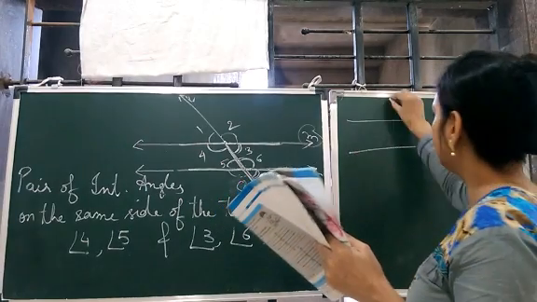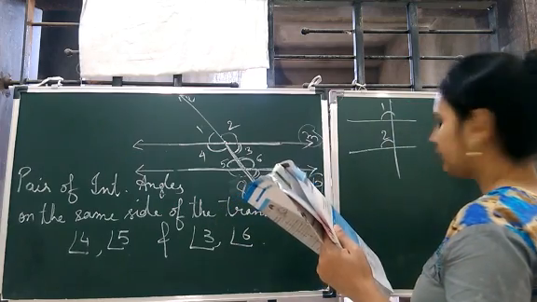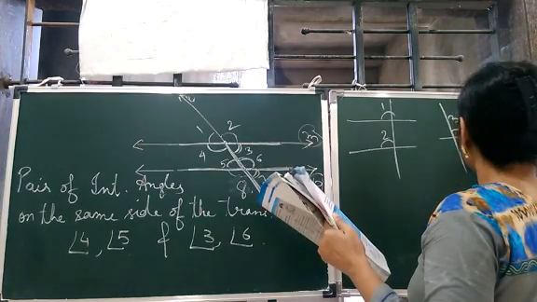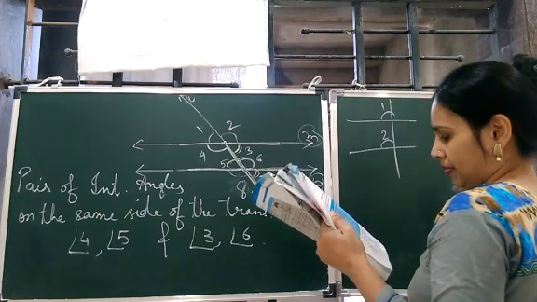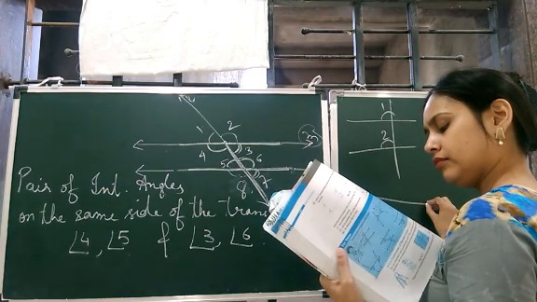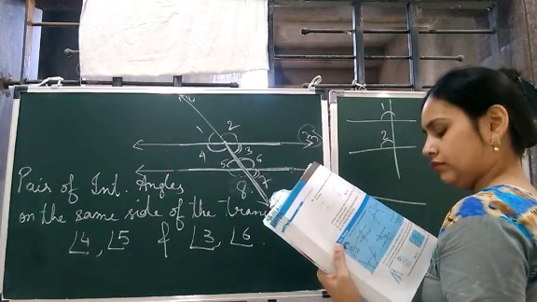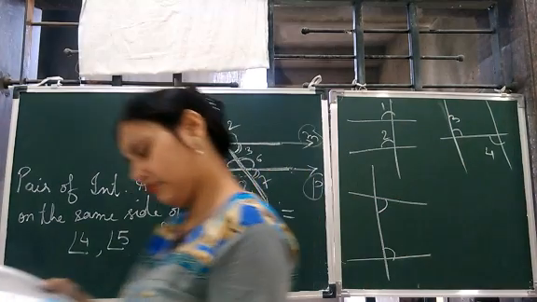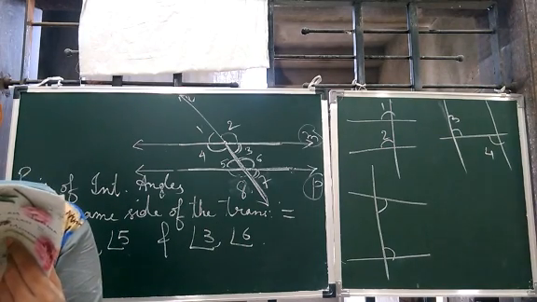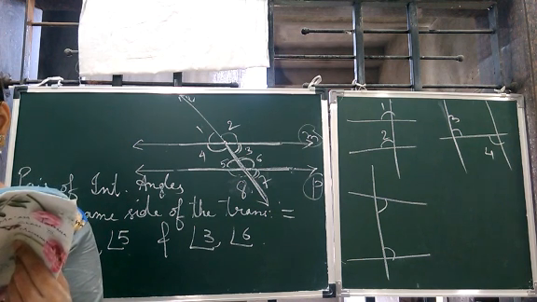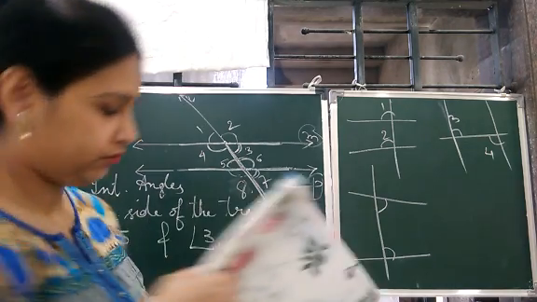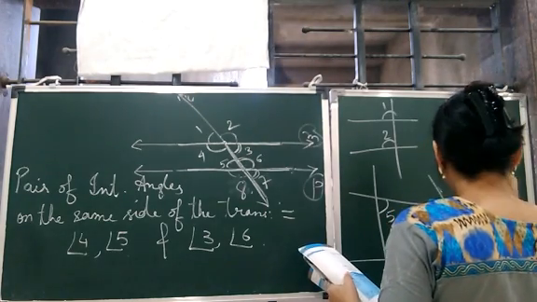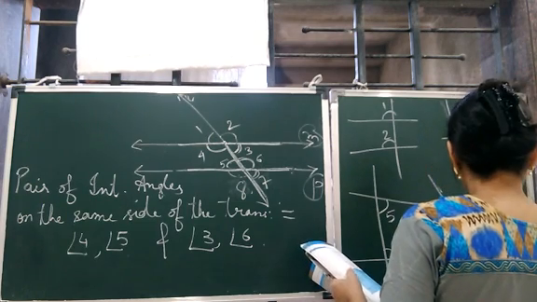So, noting the figure. This is 5 and 6. Then this is 8.